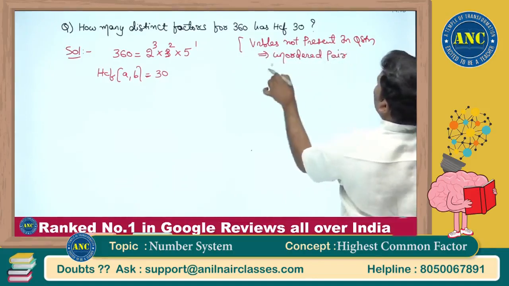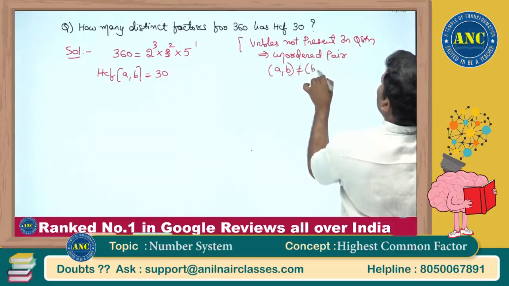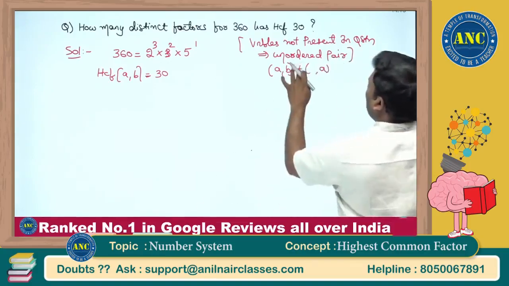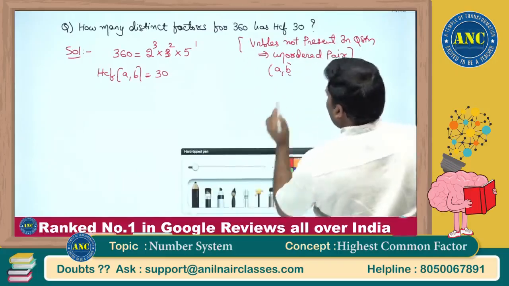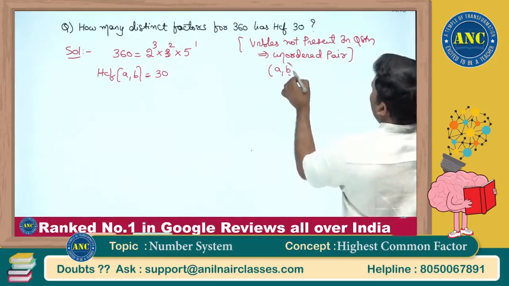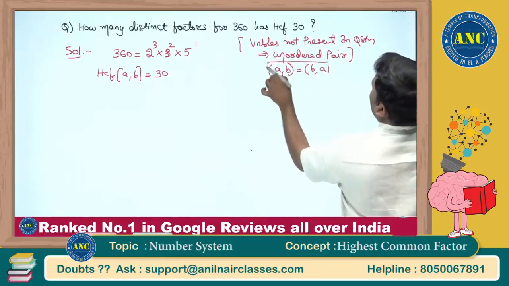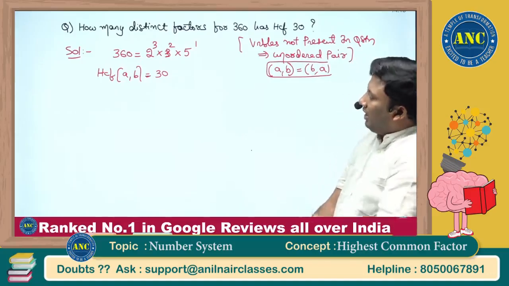What is an unordered pair? A comma B is equivalent to B comma A. That means the reverse should not be taken.